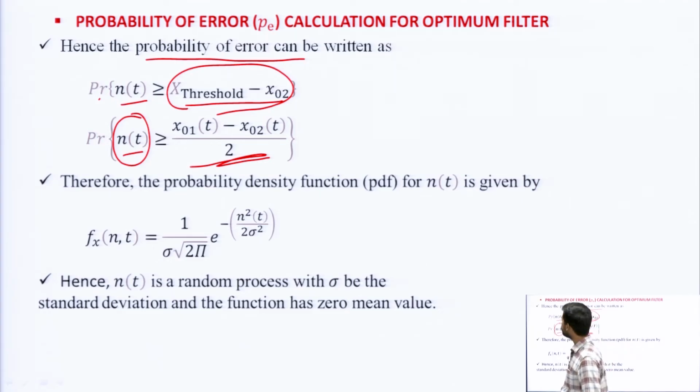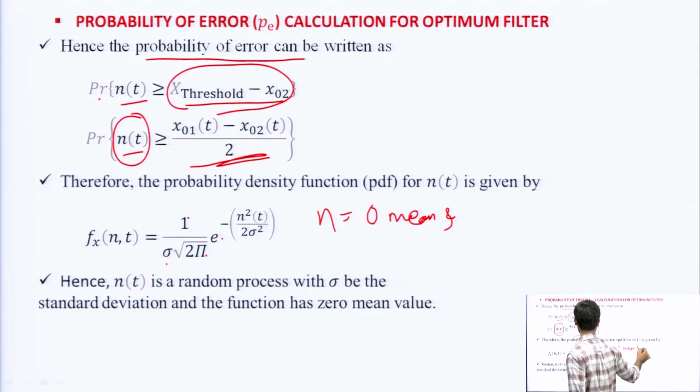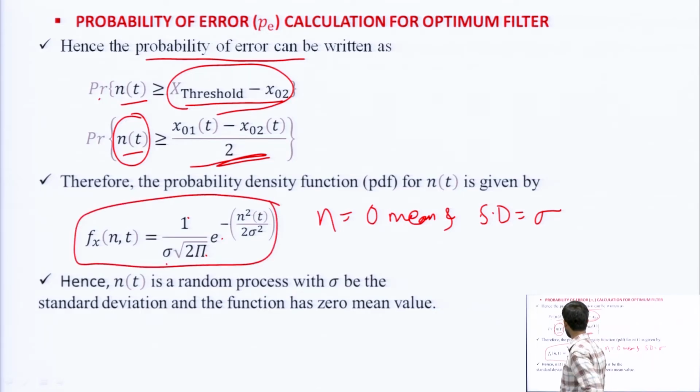The noise follows a Gaussian distribution, 1 by sigma root 2 pi e to the power minus n squared of t by 2 sigma squared, because the noise has zero mean and standard deviation sigma.